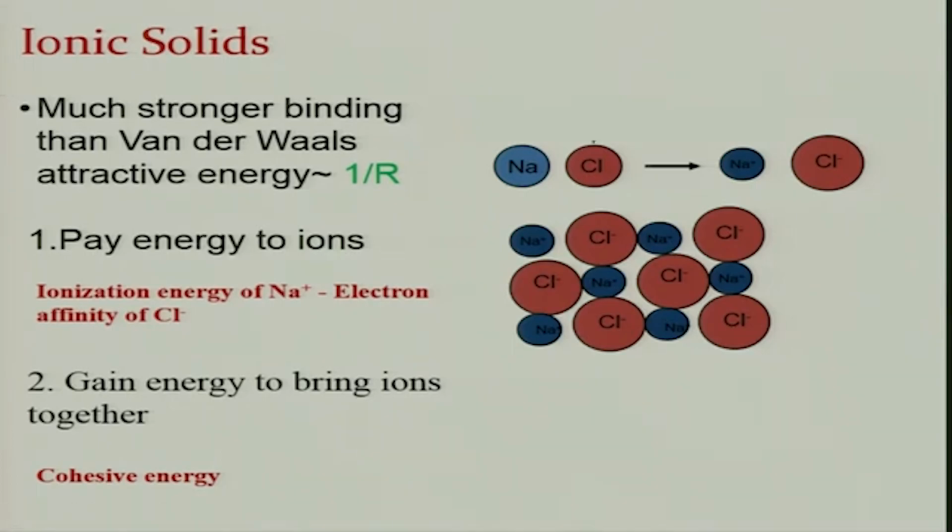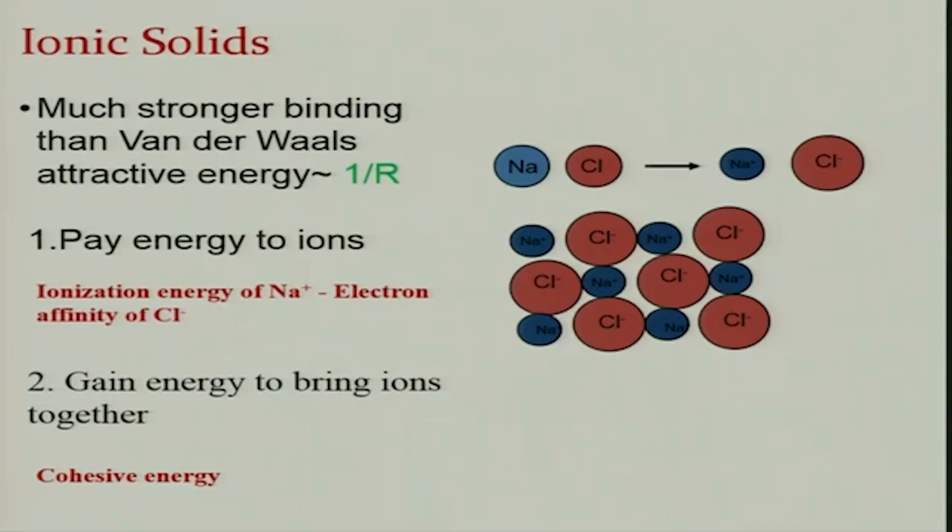So, instead of sodium chlorine remaining separately in the space or remaining isolated as sodium chlorine molecules, they form an ensemble which looks something like this. And the reason for that is there is much stronger binding between these sodium and chlorine atoms than just the van der Waals attractive energy, which goes as 1 over R. So, there are two kinds of energy which one has to consider.